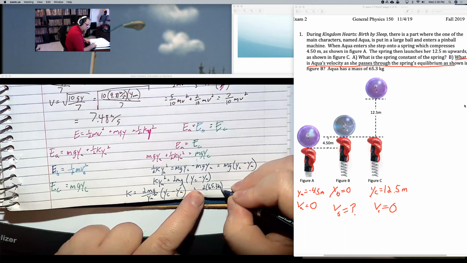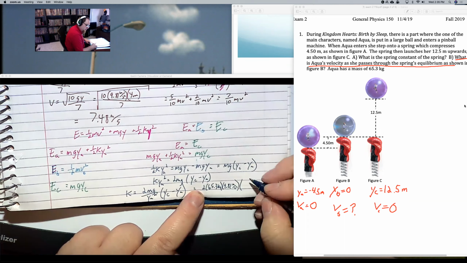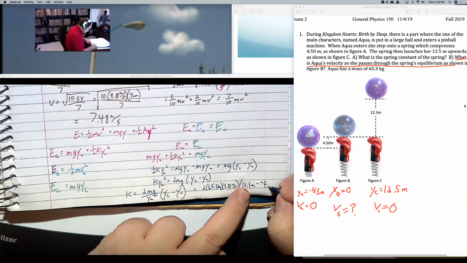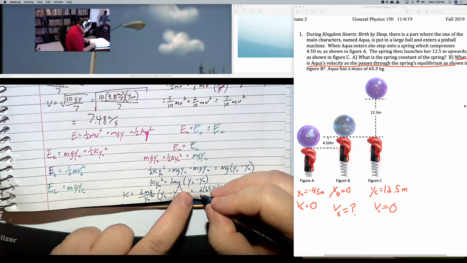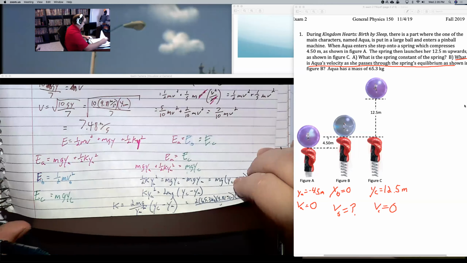Wow, I made her really light. Okay, this isn't working.